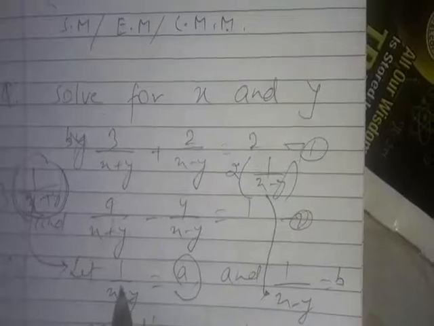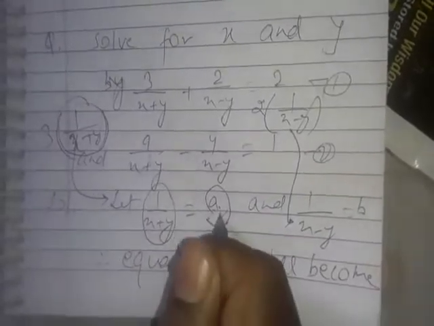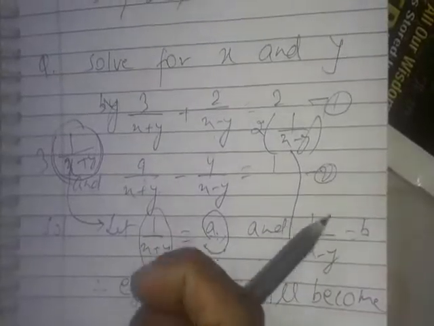Now we have taken the suitable value by ourselves. You can take any other variable by yourself. Instead of a and b, we have taken over here for 1 by x plus y, we can write a, and for 1 by x minus y, we can write b.